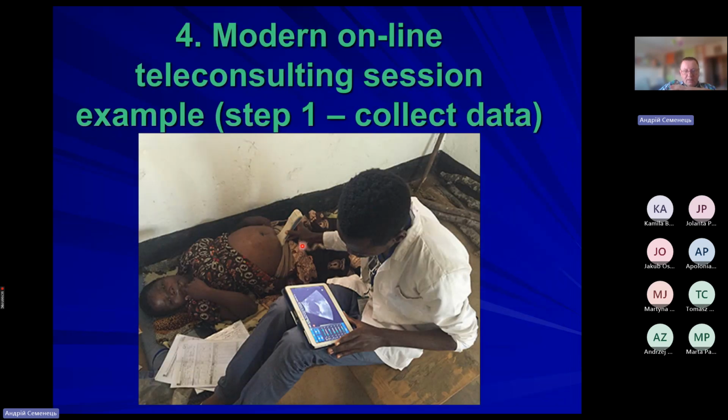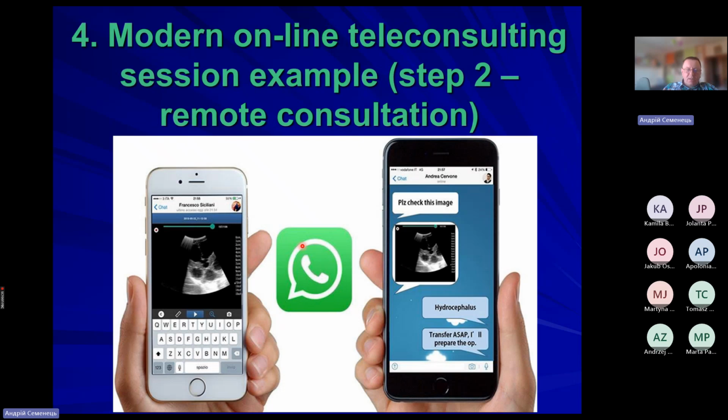But a more efficient and really important example is collecting data at any remote location, or under some dangerous conditions, such as the frontline, and sending those data to a remote medical organization for consulting staff to get some advice, recommendations, and even instructions on what has to be done.